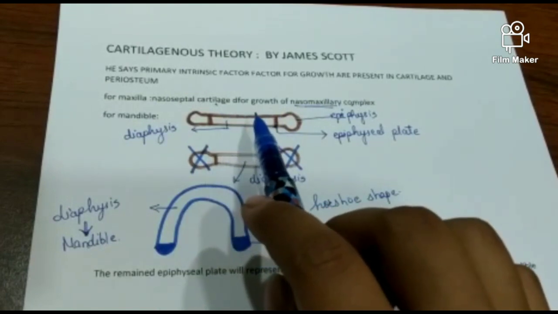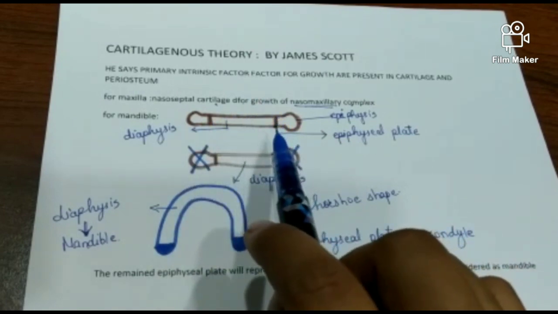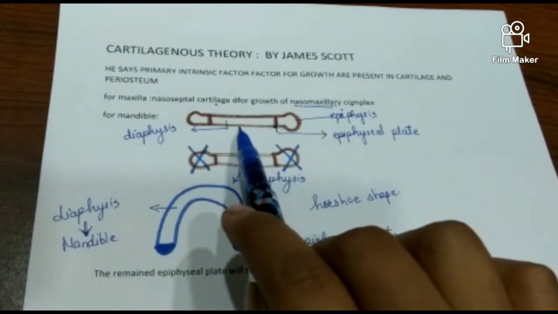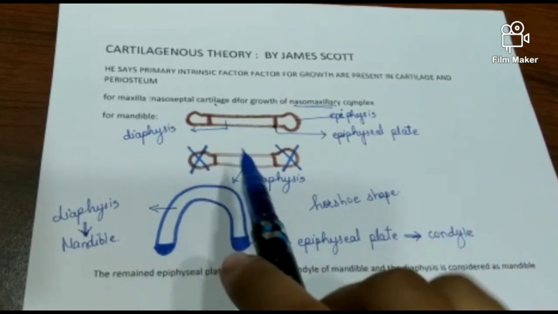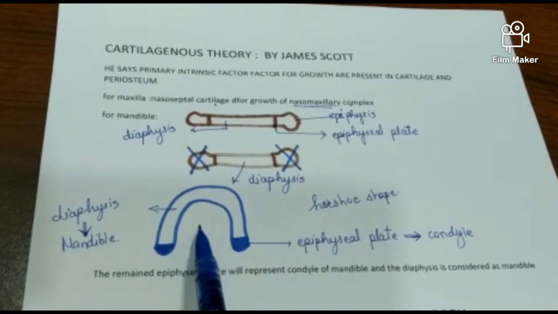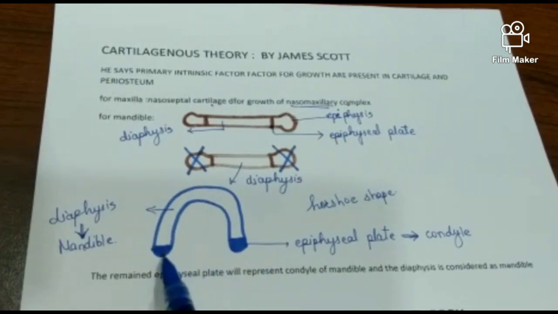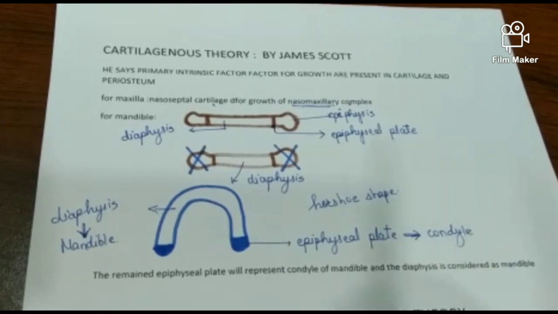Look at the picture. This is a long bone. At the ends we have epiphysis and in the middle we have diaphysis. Now if we remove the epiphysis and the diaphysis is bent in a horseshoe shape, the remaining epiphyseal plate will represent the condyle of the mandible and the diaphysis is considered as the mandible.